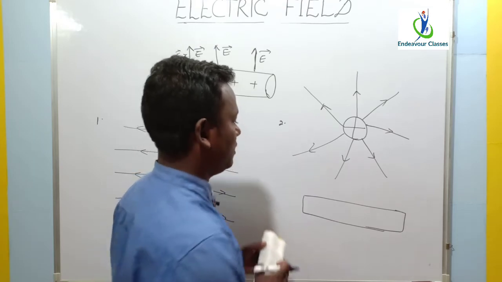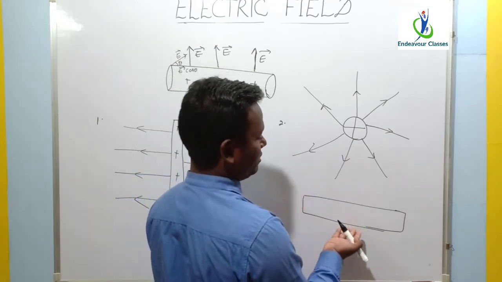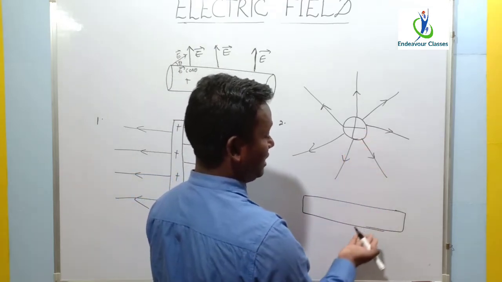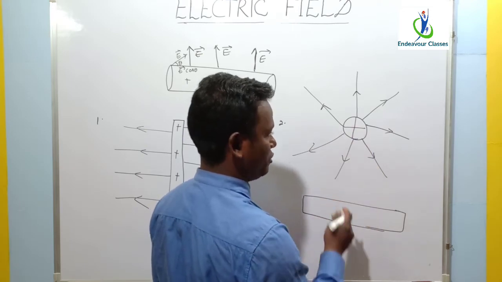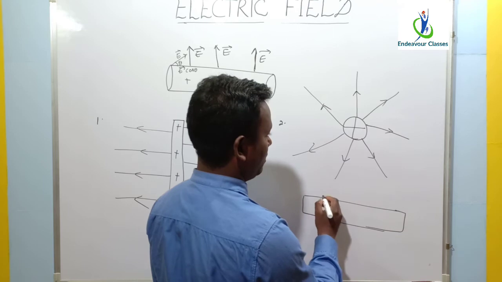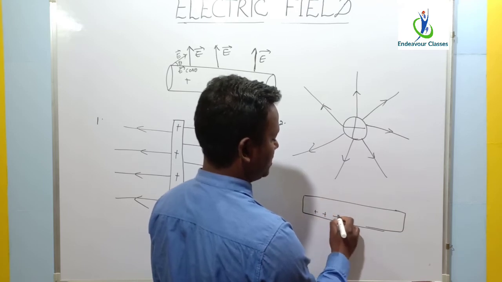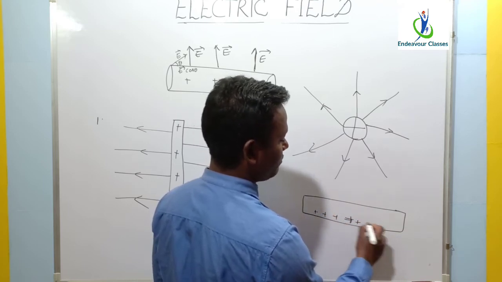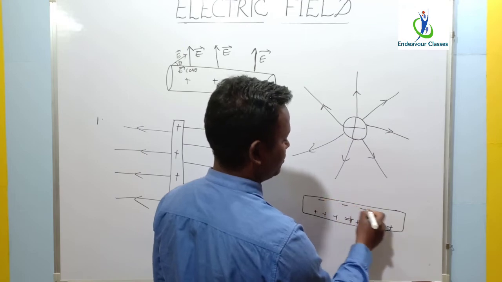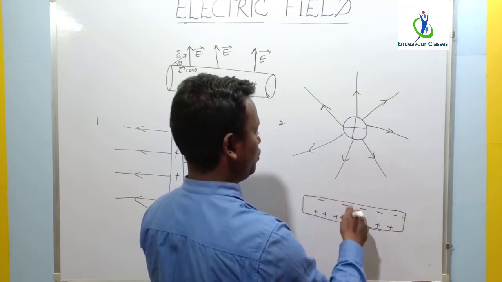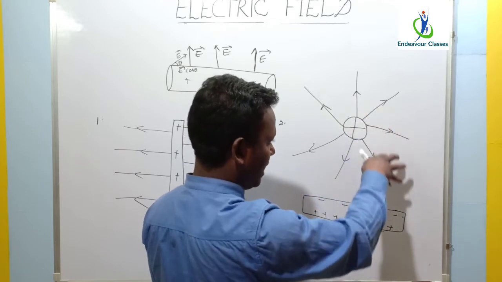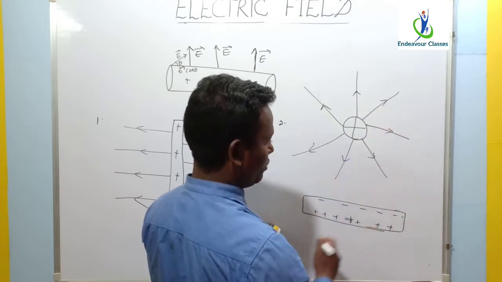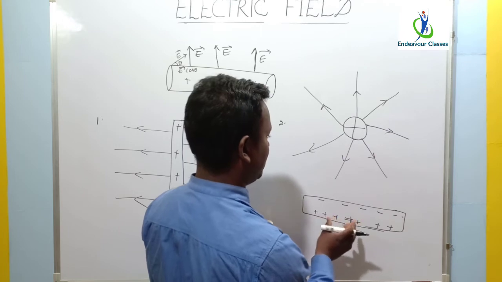As you place the metallic piece near this positive charge, by virtue of induction or attraction and repulsion, the negative charges will come to this side and the positive charges to the other side. Now on the lines of force there will be attraction between the positive and negative, so the lines of force will be pulled towards the surface of this metallic sheet.